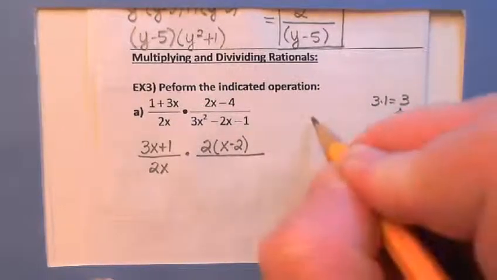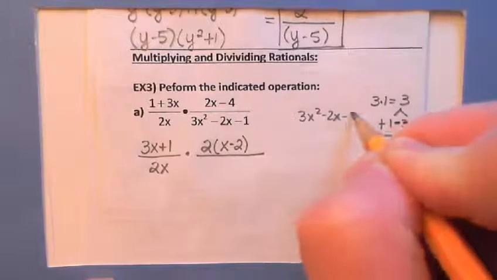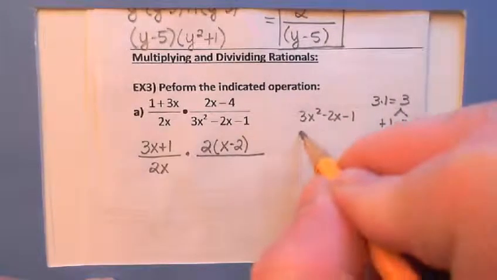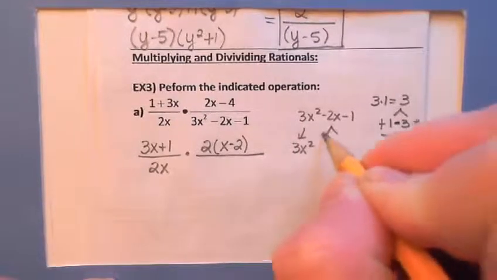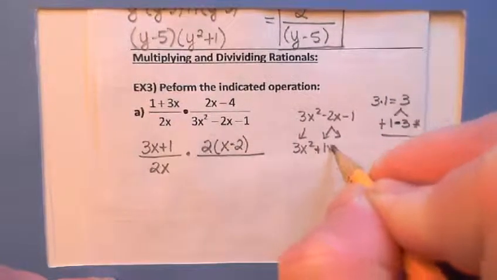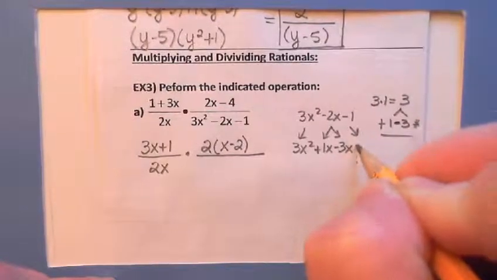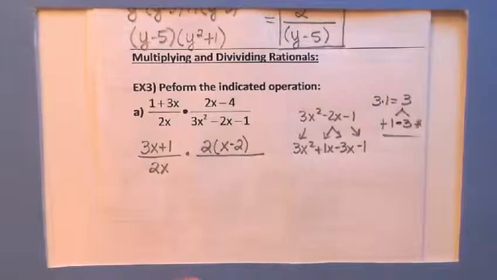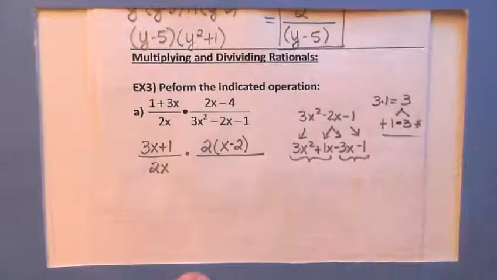So let me copy this over here on the side. 3x squared minus 2x minus 1, and we're going to copy the first term, but we're going to split the second term with the numbers we chose. So 1x minus 3x, and let's bring down the negative 1. Now let's factor the first two and the last two.